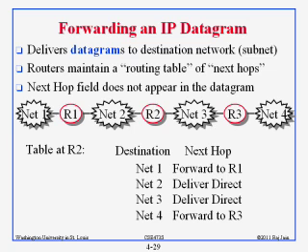Right? That is changing at every hop. And that layer 2 address will be, in this case, the address of R1. In this case, it will be the address of R3. In these two cases, it will be the address of the host. So we are not talking about the IP address, we are talking about the layer 2 address.